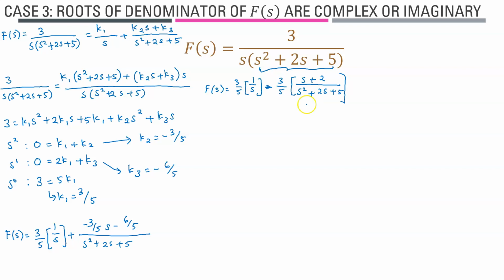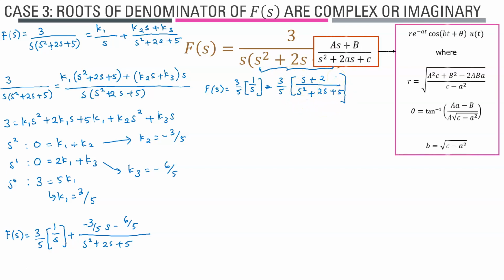Now this form here, the one inside the bracket, is equivalent to this equation in the red box here: As plus B over s squared plus 2as plus c. Therefore, the inverse Laplace transform of this part is equivalent to this equation.